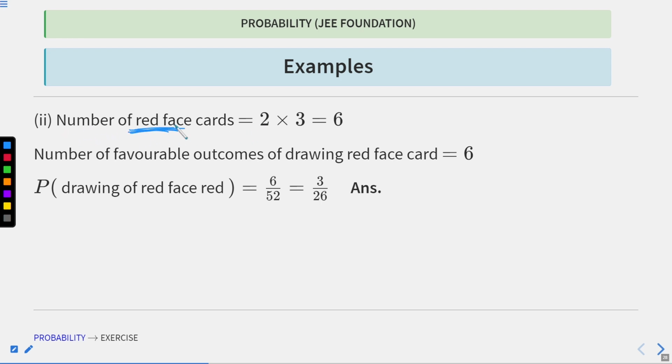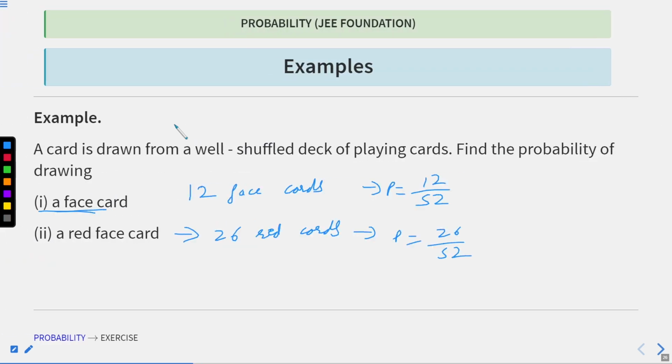I think I misunderstood the question. Let me see it again. So yes, we are talking about a red face card, not just a red card. If the question were asking for the probability of a red card, we know 26 cards are red, then P is equal to 26 by 52.